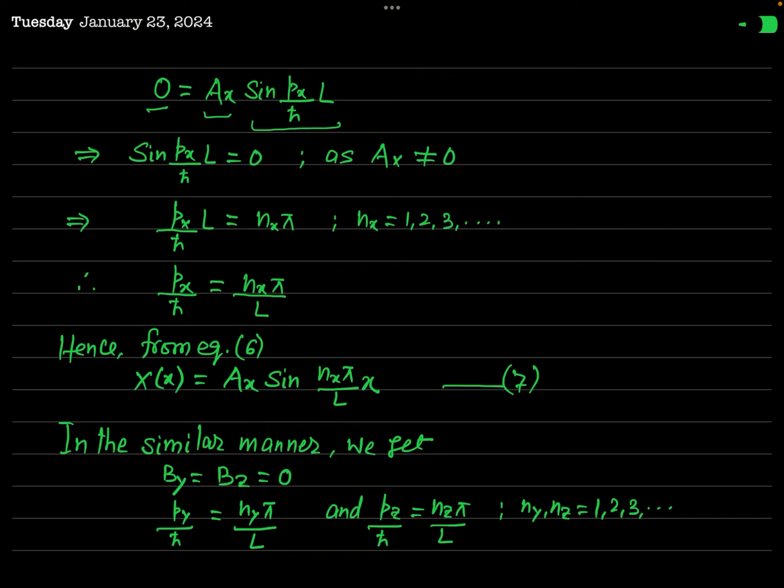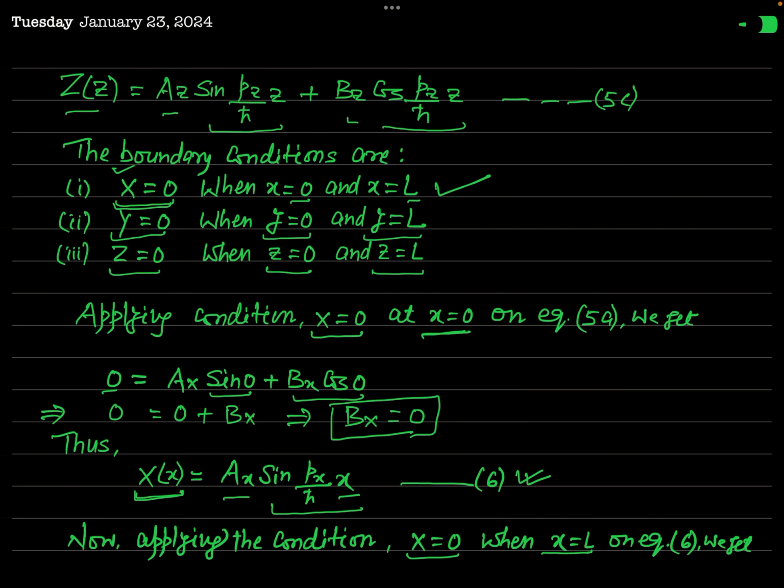But you know that this Ax is not 0, because if Ax were 0, then for all values of x, this capital X would be 0. And if capital X is 0, then psi will be 0. And if psi is 0 everywhere, it means the electron is nowhere.